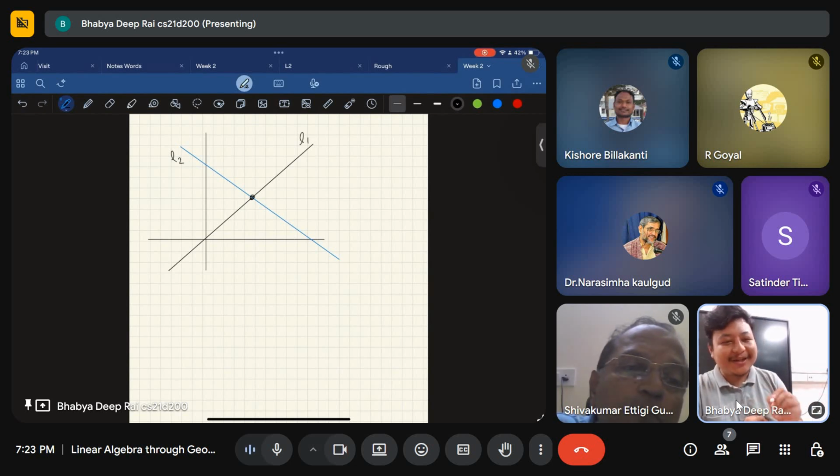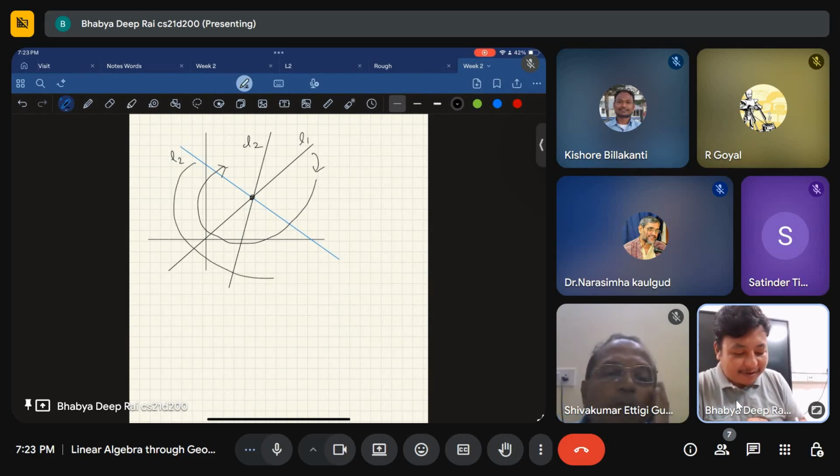If you add these two lines, L1 plus L2, it could be something like this. It is as if I was rotating L1 around this point. Or it can be interpreted as rotating L2 around this point in either direction.